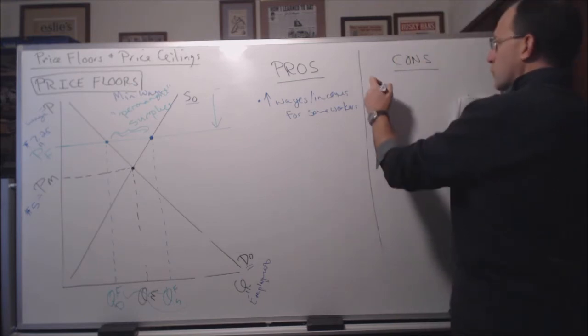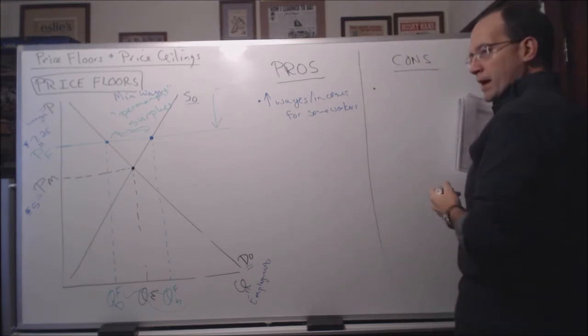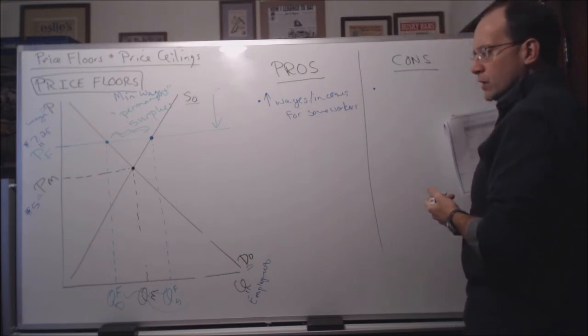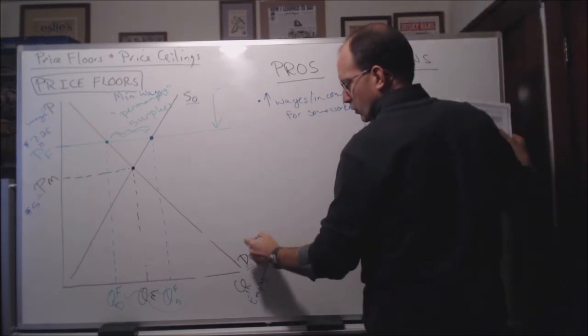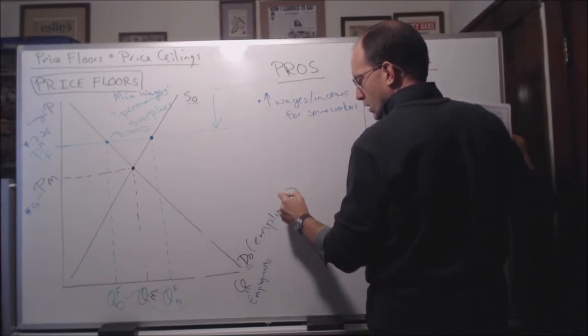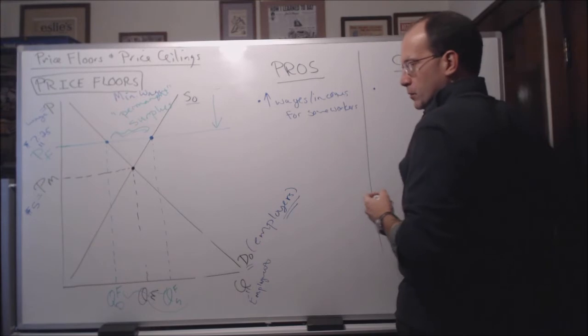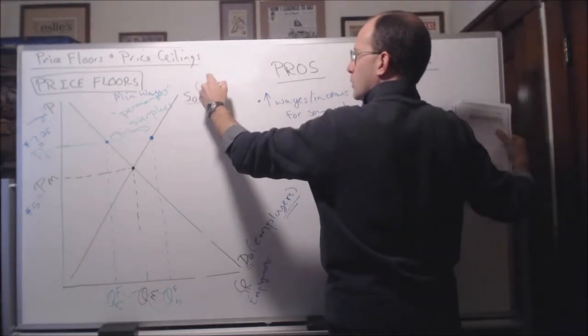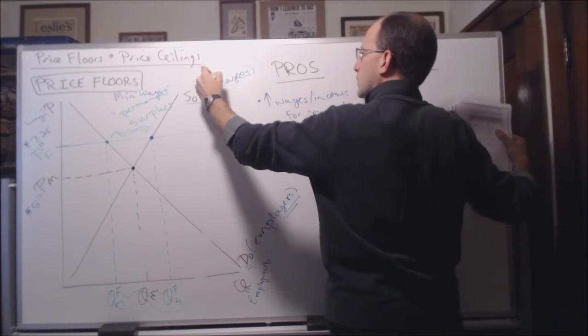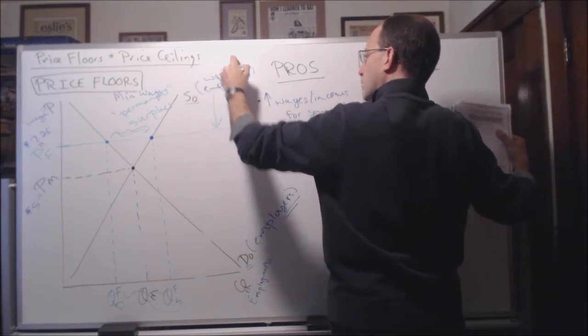One of the trade-offs, of course, in terms of the con to that is that the law of demand holds. So remember that employers are the demanders of labor, and workers or prospective employees are the suppliers of labor.